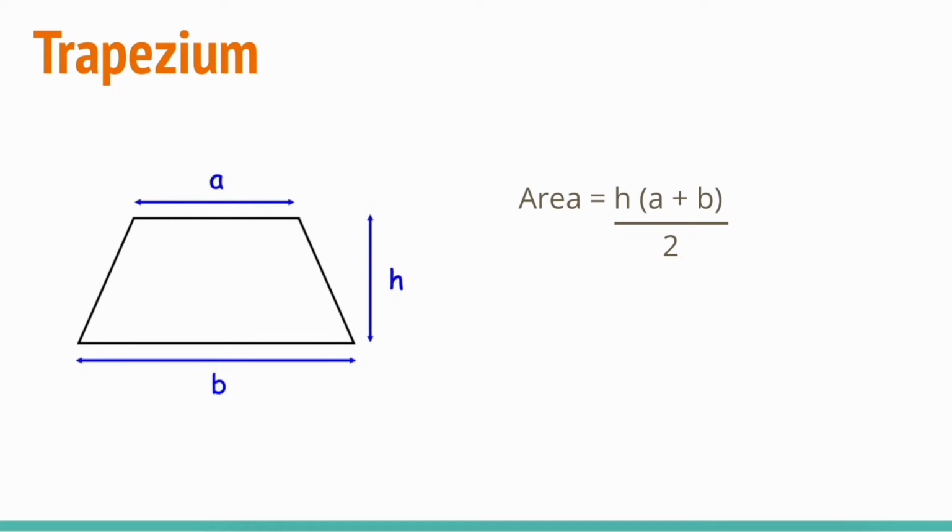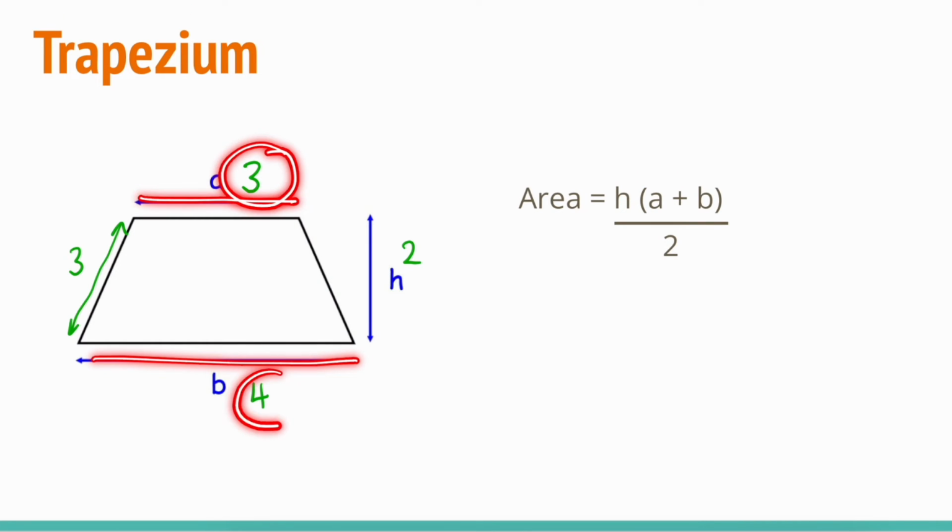So if my question had a base of 4 and a slanted height of 3, and the height here is 2, and the other measurement is 3, for example, then I would be taking the two parallel sides, so the 3 and the 4, and I would be adding those together.